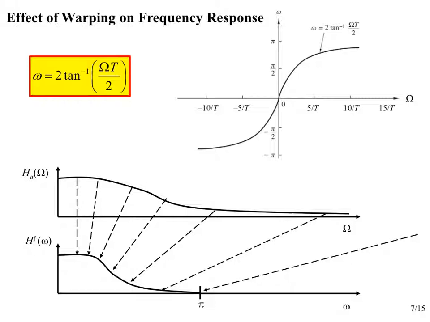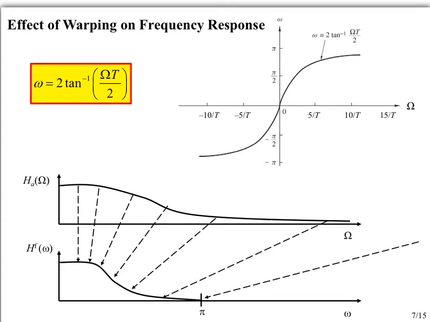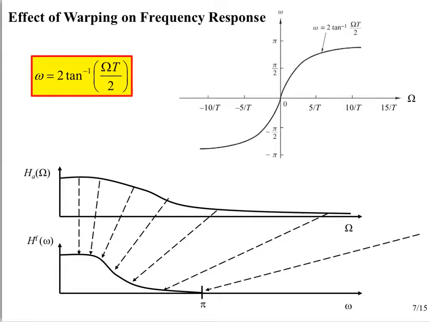So here's a plot that shows the effect of this warping on the frequency response. I've redrawn the figure up here that we just saw, and I've got the function up here that shows how capital omega gets mapped to little omega.